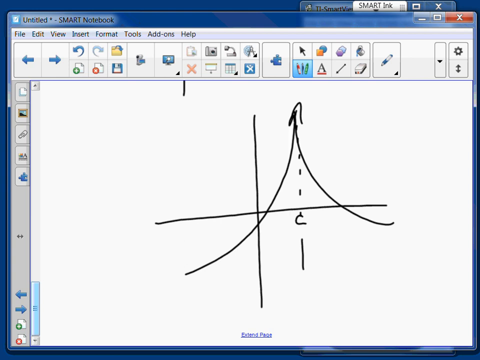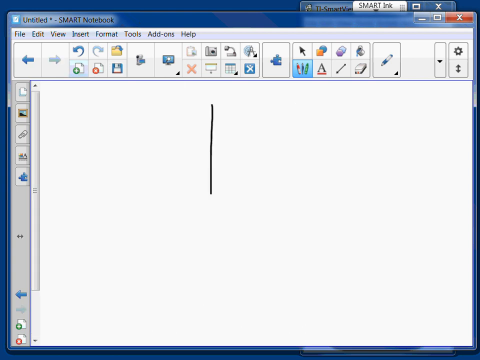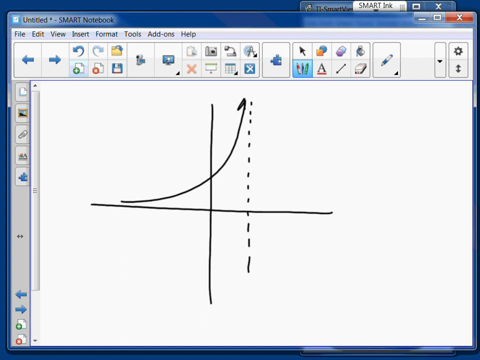But I've got to show you this one. College Board loves this question. Is the function continuous at C?